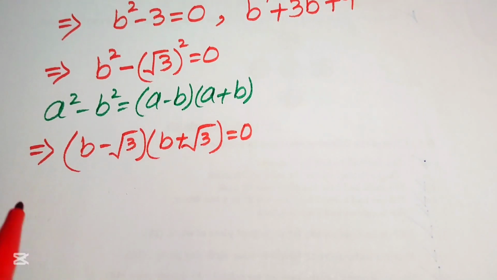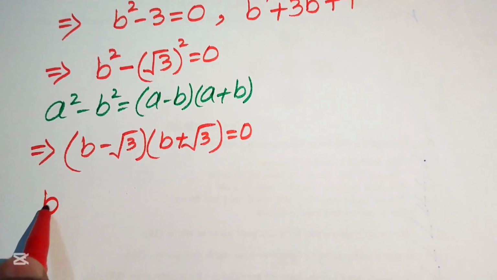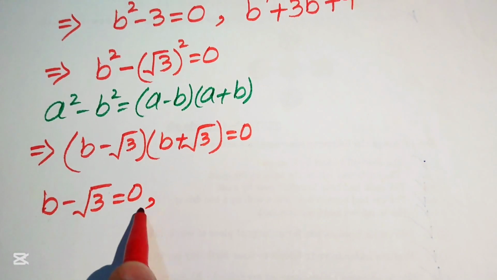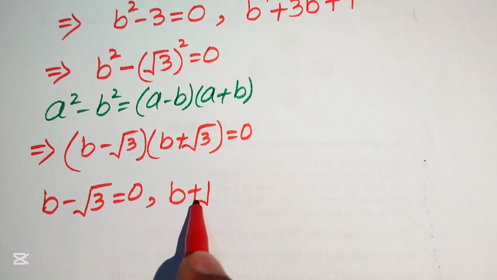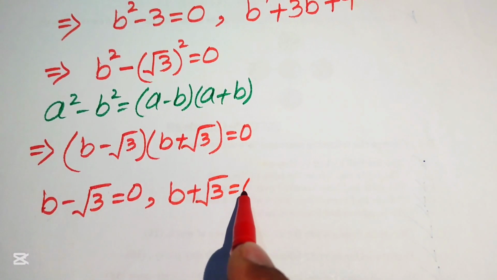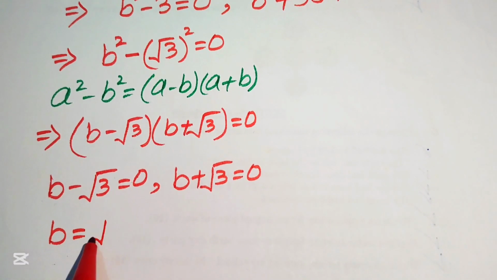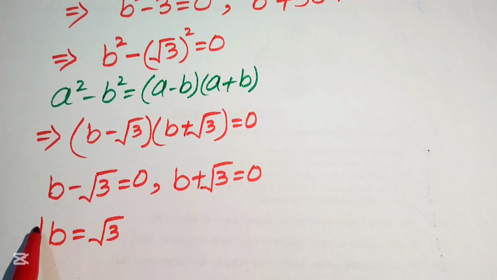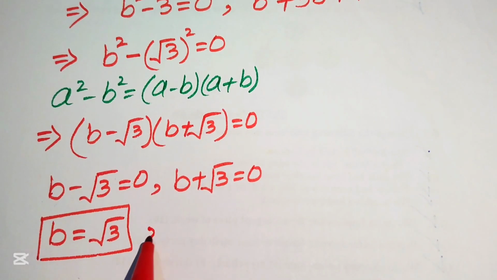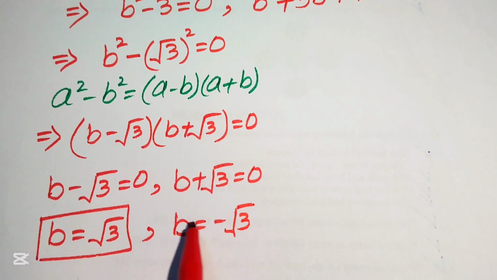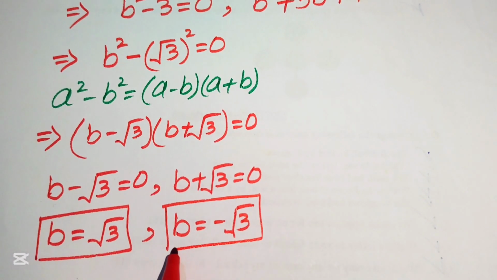So now in the next step we write this into two cases. Our first case is b minus square root of 3 equals 0, and the second case is b plus square root of 3 equals 0. In the first case we easily get the value of b equals square root of 3, and in the second case we easily get the value of b equals minus square root of 3.